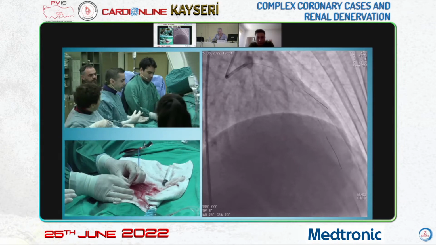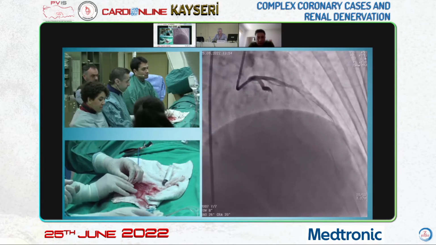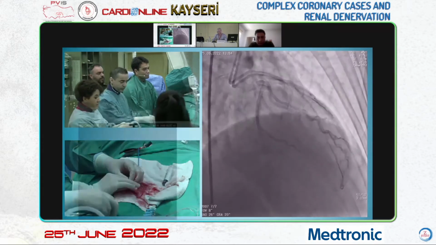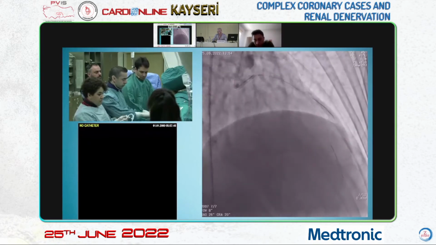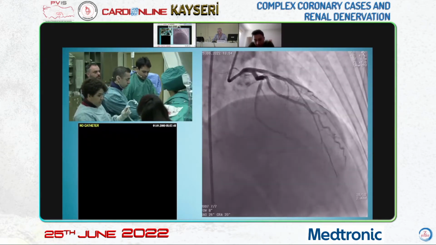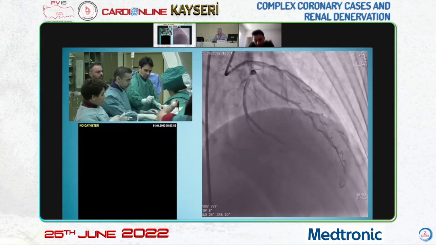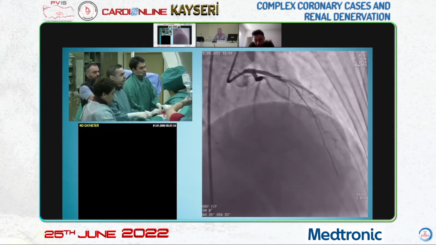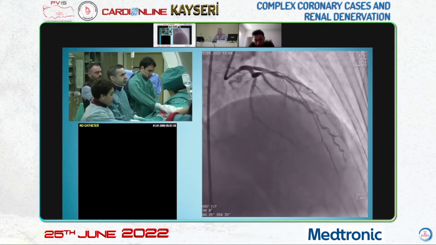We can discuss where to use a drug balloon. And the diameter of the diagonal is not certain now. You use the wire, but whether it will be a provisional or planned two-vessel approach, it's not certain.